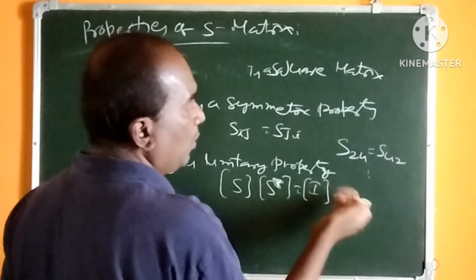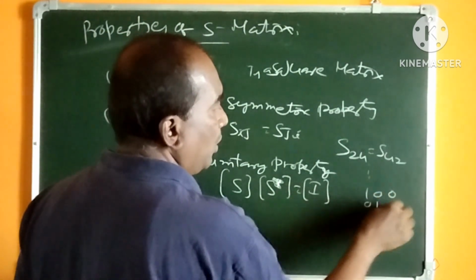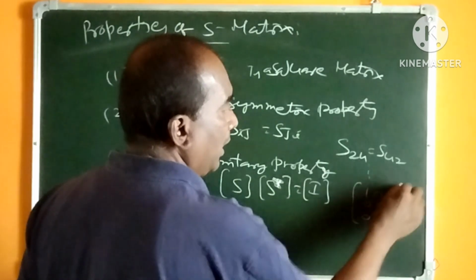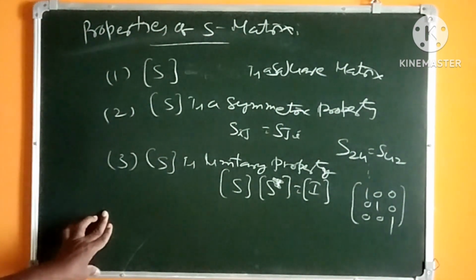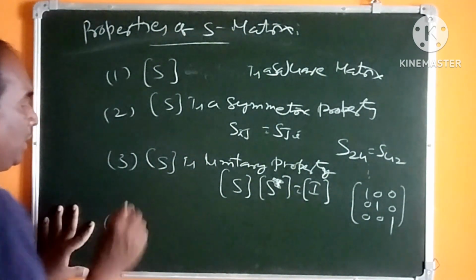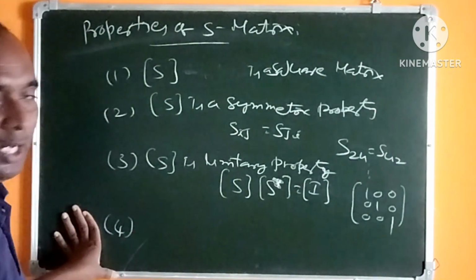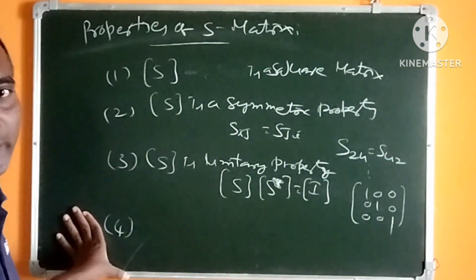It may be 1 0 0 0, 0 1 0 0, 0 0 1 0, 0 0 0 1. All the diagonal coefficients are 1, and all the remaining elements are 0. That is the unitary matrix, the identity matrix.